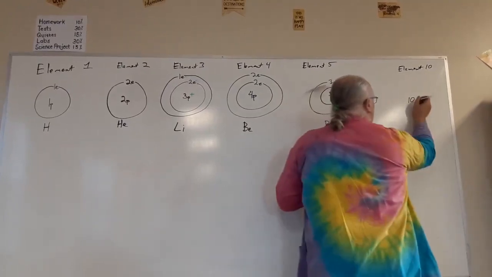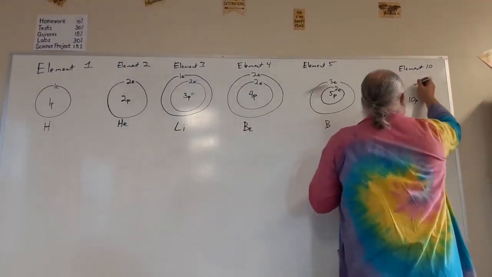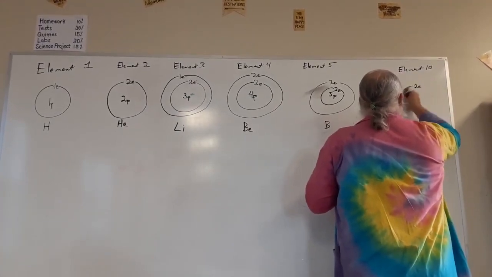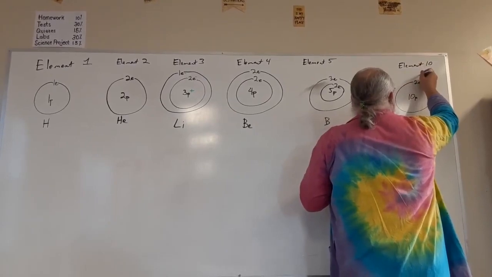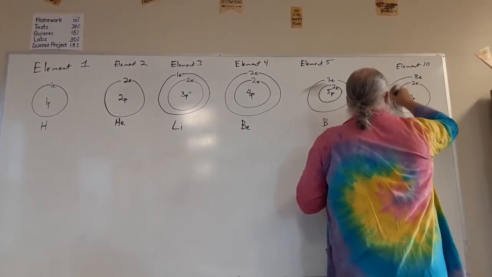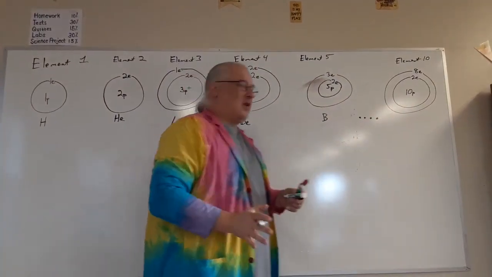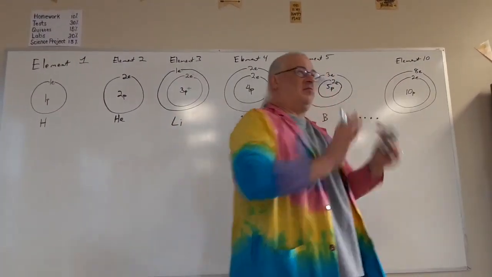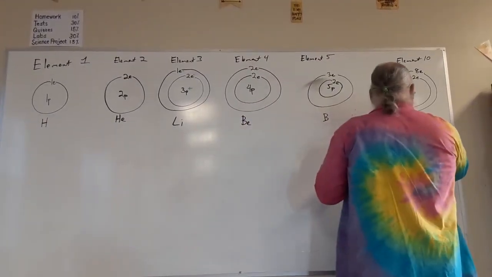Neon is going to have 10 protons in its nucleus, and it's going to have 2 electrons on the first orbital, and it'll have 8 electrons on the second orbital, so that the positive protons and the negative electrons balance each other out. And here we've got neon.